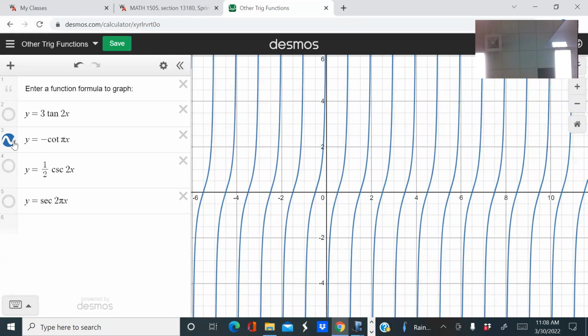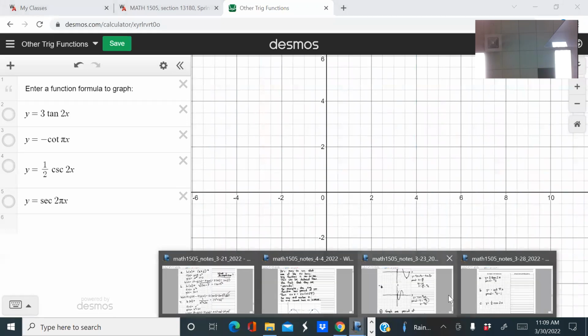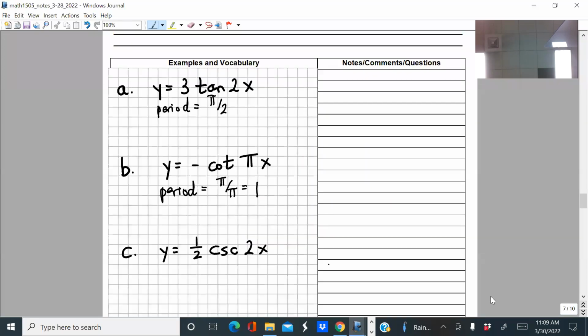You remember what cosecant looks like? That was a bunch of U's, right? Alternating. So you have a U pointing up and then a U pointing down. What have we changed here? What's the period?